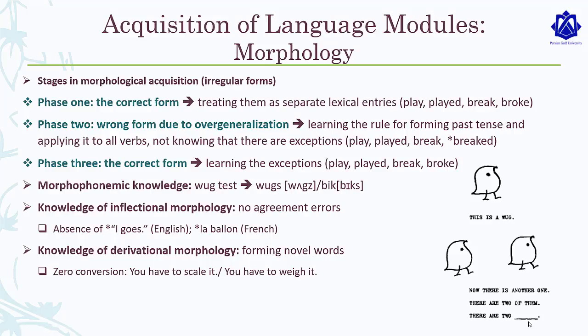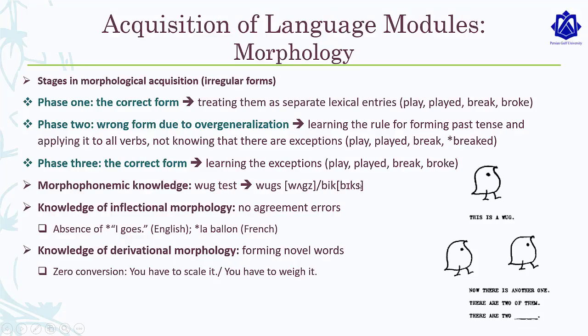So the form that they used was that they paid attention to change the plural morpheme to z, to use z for plural morpheme. But if the picture was the word bik, for example, here you had, this is a bik. Now there is another one. There are two of them. There are two biks.